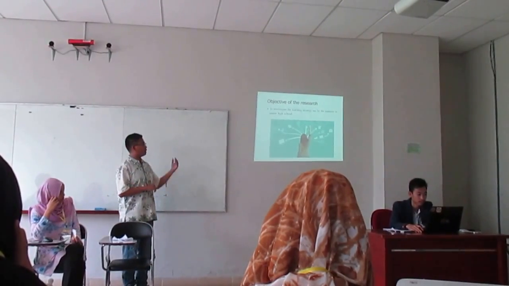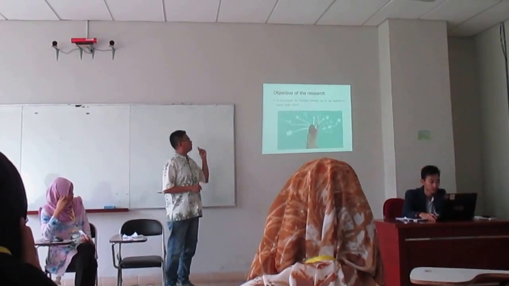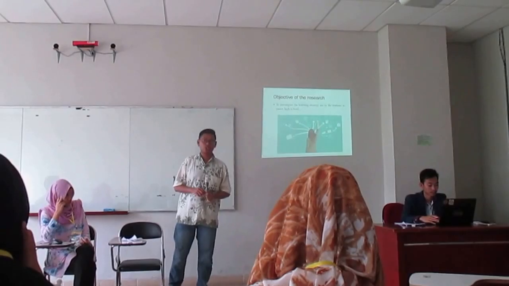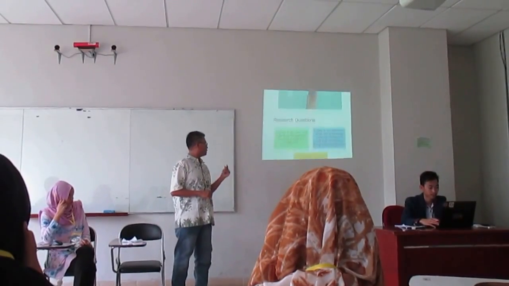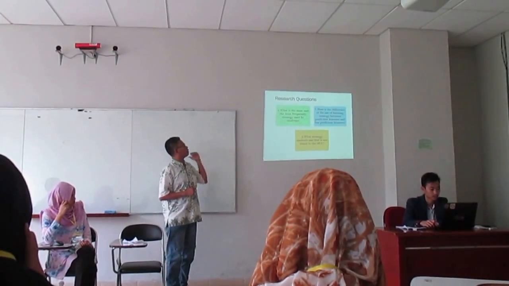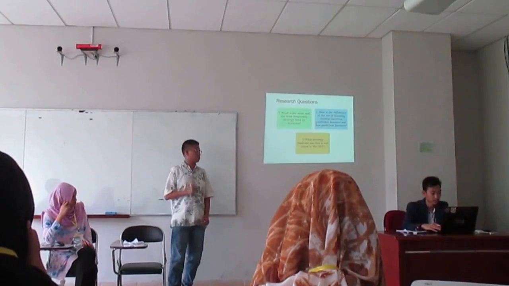So today we're going to present this paper. The objective of this paper is to investigate the learning strategy used by the students in junior high school. And this is divided into 3 research questions. First is what is the most and the least frequently used strategy by the students.